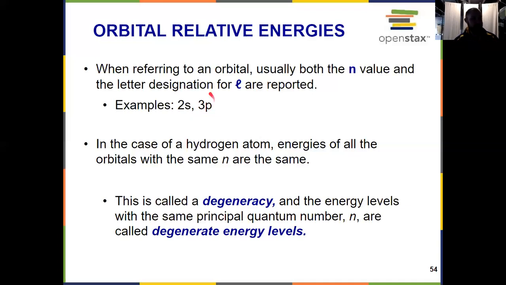And we can do that because those things all have the same energy. They're just pointing in different directions. And that's called degeneracy. All the energy levels with the same principal quantum number are called degenerate energy levels.